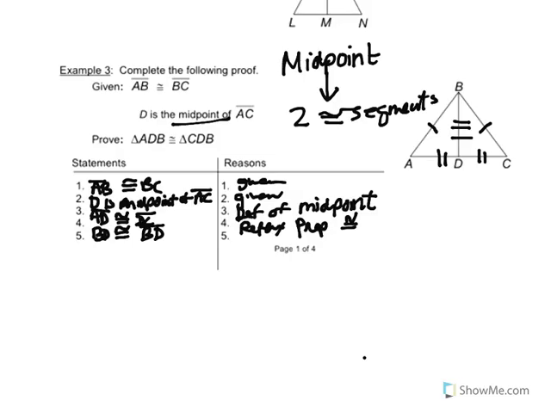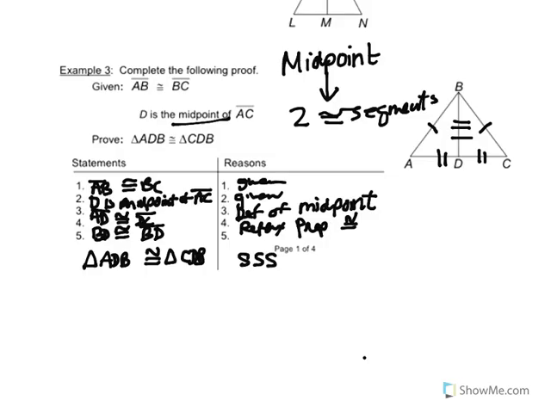And so now what can we say? We can say triangle ADB is congruent with triangle CDB. And what's our reason for that? Our reason is side, side, side.